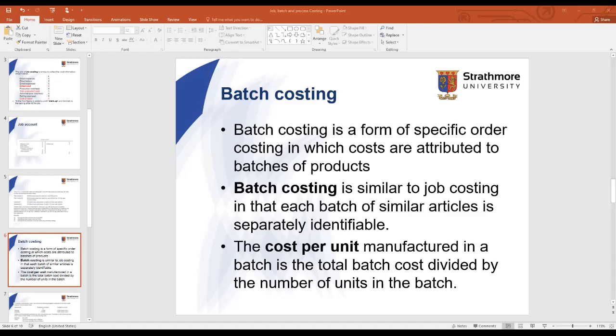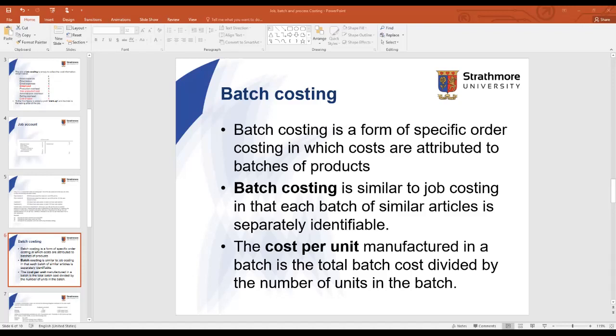The cost per unit produced under a particular batch is the total batch cost divided by the number of units produced under that batch. The same way you prepare the cost card, you also prepare the cost of the batch. Material and labor give us the prime cost.